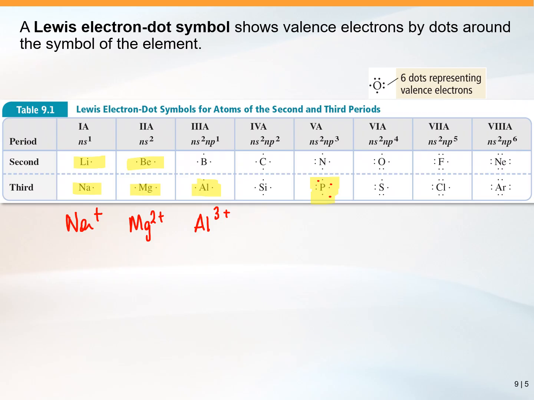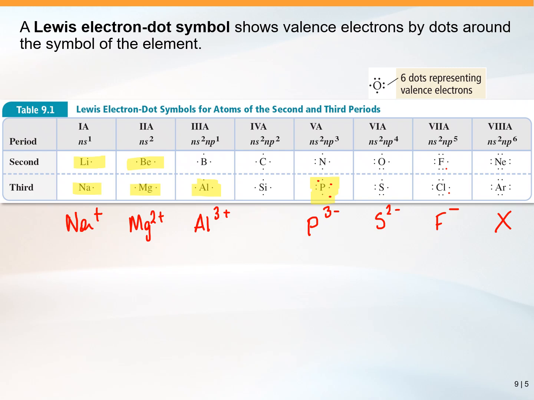We're going to see this as the octet rule, and because it gained 3 electrons, it will have a charge of 3 negative. Likewise, sulfur and oxygen will gain 2 to become 2 negative, and halogens, fluorine, chlorine, bromine, iodine, will gain 1 to fill their 1 unpaired electron to be negative 1 charged ions. And noble gases, since their shells are full, won't form any ions.